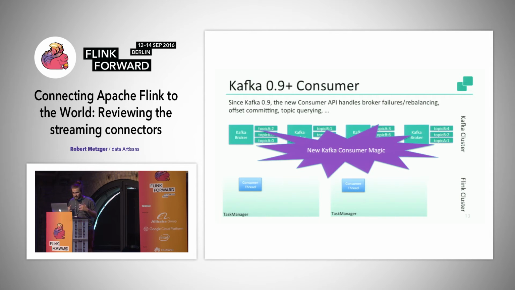You just create a consumer for consuming from some partitions in some topic, and then Kafka does all the magic of rebalancing when brokers fail, making sure you commit the right read offset, and so on. So that's pretty nice. And hopefully once Kafka 0.8 is deprecated and no one is using it anymore, we can get rid of the code that we have for the Kafka 0.8 consumer.